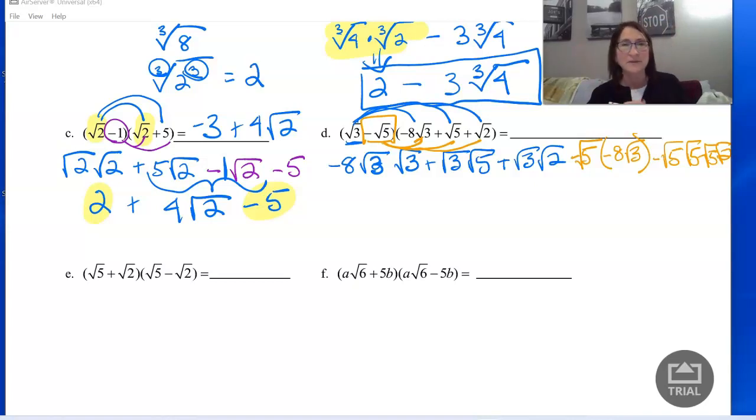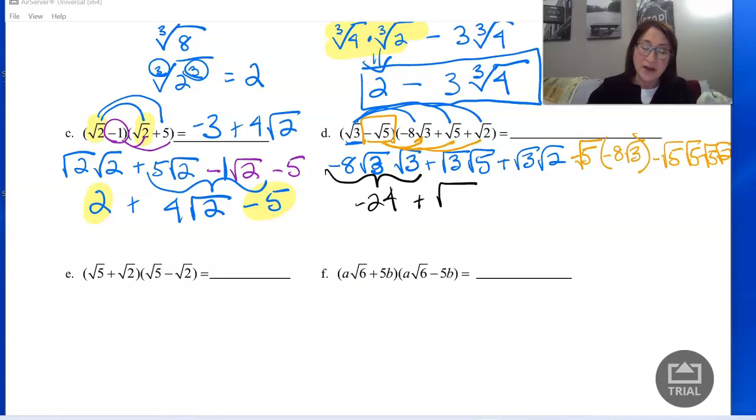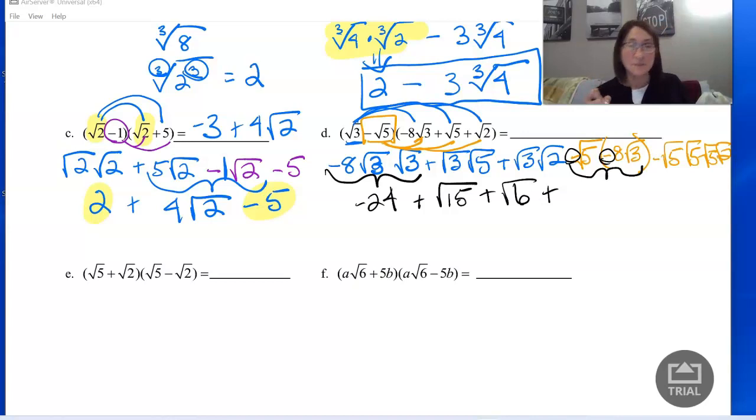I'm just going to use black to simplify it. So right here with this very first term, the square root of 3 times the square root of 3 is 3. So negative 8 times 3 is negative 24. Plus the square root of 3 times 5 is 15. Plus square root of 6. Now for the orange, negative root 5 times negative 8 root 3 will be plus, because a negative times a negative is a positive.